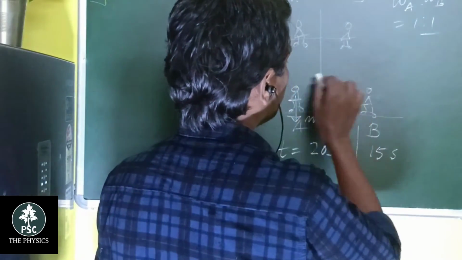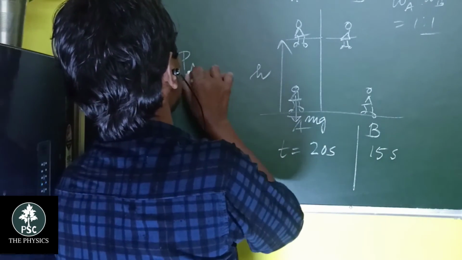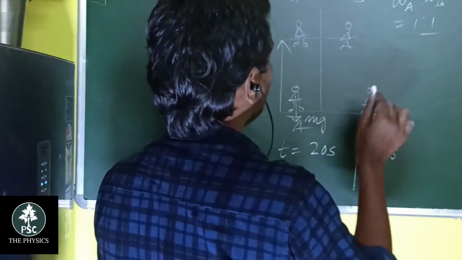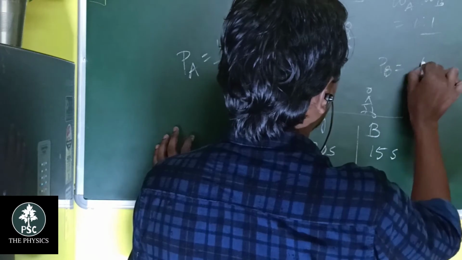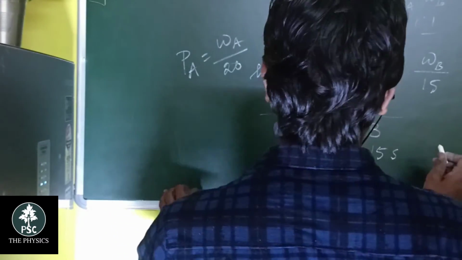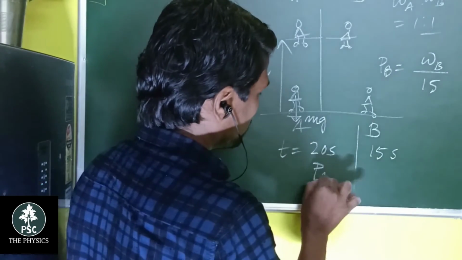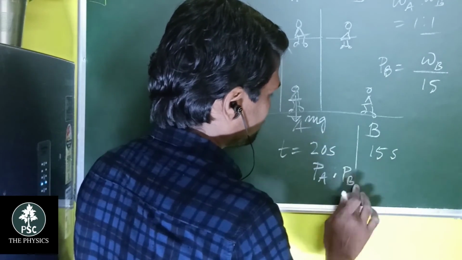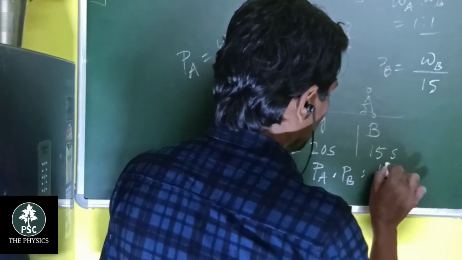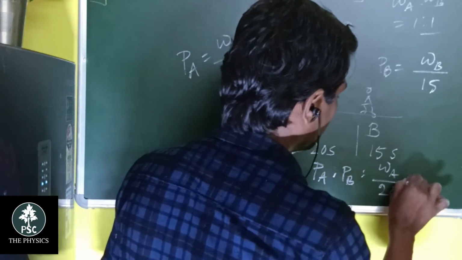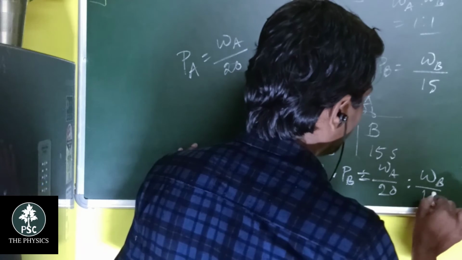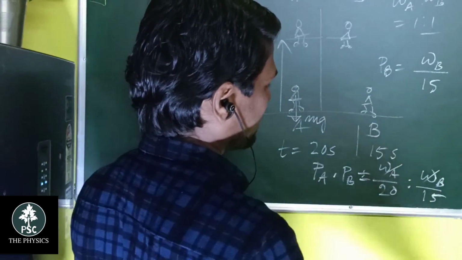But the power of A equals work done by time, so the time is 20 seconds, and for B it is the work done of B by 15 seconds. So the ratio of power PA to PB is W by 20 to W by 15, and the work done cancels.